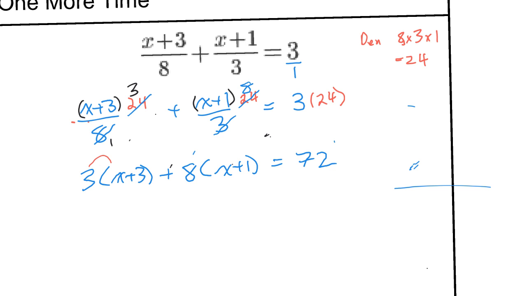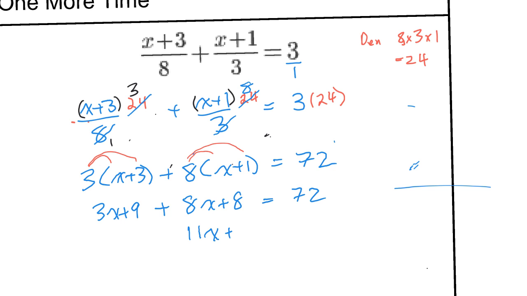We're going to take 3, multiply into everything here, and 8, and multiply into everything here. So we're going to get 3x plus 9 plus 8x plus 8 is equal to 72. So now let's collect our like terms on the left side and make our life easy. So we got 3x plus 8x is 11x, plus 9 plus 8 is 17, is equal to 72.